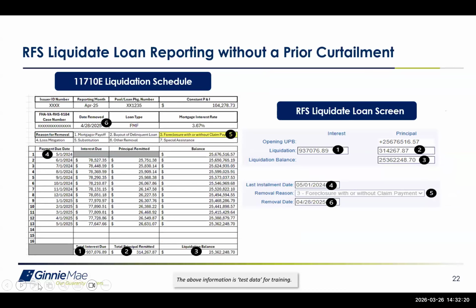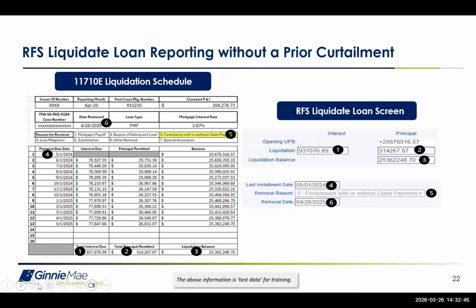So number 1 is the total interest due from the bottom of the 11710E and reported in RFS as the liquidation interest. Number 2 is the 11710E total principal remitted is reported in RFS as the liquidation principal. Number 3 is the liquidation balance on the 11710E and reported in RFS.